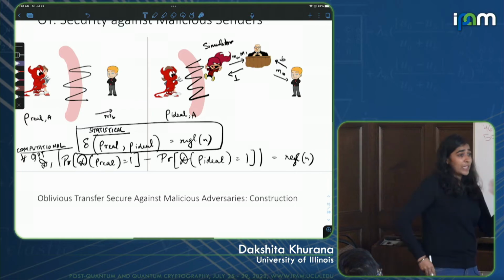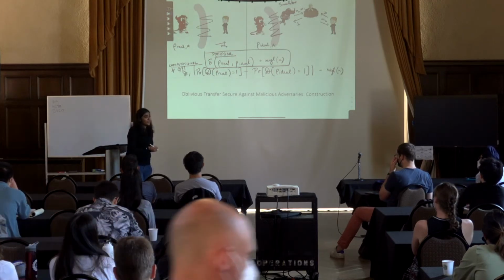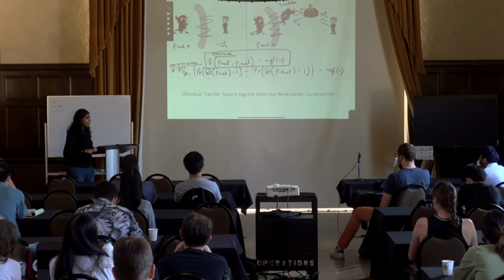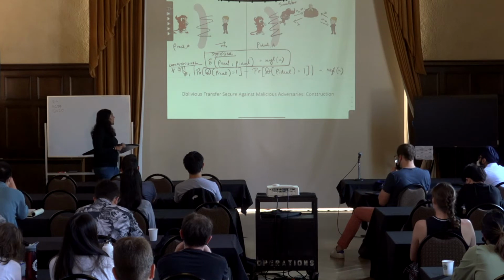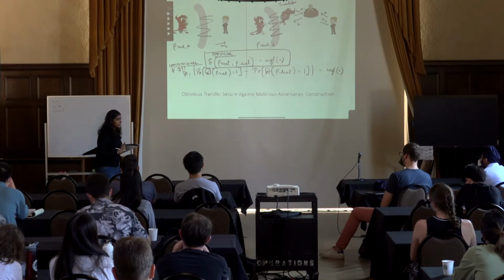Now, we can, and these are called black box versus non-black box simulators. Non-black box simulators typically do get access to the code of the adversary. It is the same meaningful notion of security, except that the simulator has somewhat more capabilities.